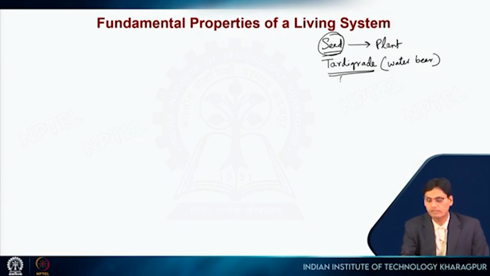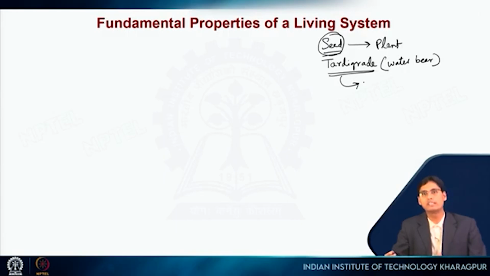Whenever it gets a proper environment, optimal conditions, again it will be in its proper form. It can again walk, it can go from here to there. So, understanding the chemistry and the mechanism of how the tardigrade maintains this property in harsh conditions matters. It can just stay as non-living stuff, but actually life is there, and in proper conditions it can go around and show that it is alive.